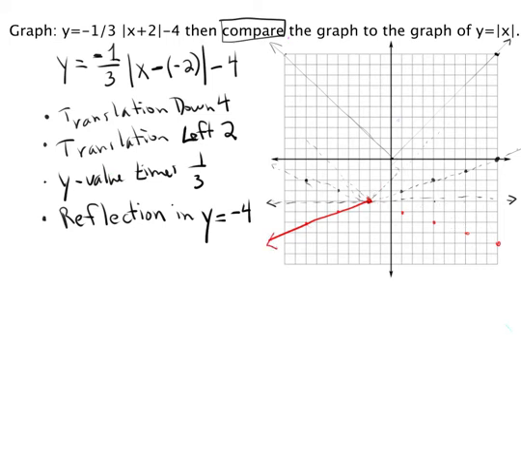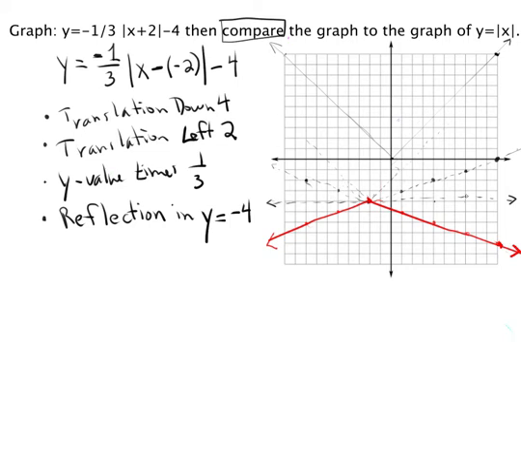I find it more helpful to have the comparing done first before I go and graph it, because that gives me my basis of what my graph is like and what transformations are happening. With that, we can create that final graph.